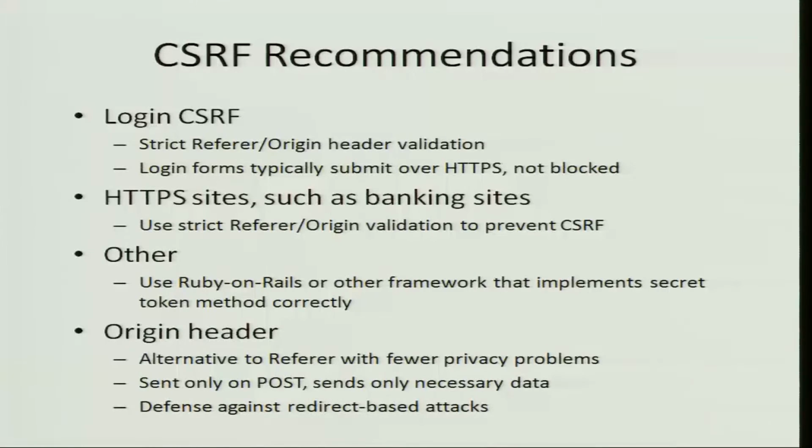Login forms should typically be submitted over HTTPS, and HTTPS sites such as banking sites should use strict referrer and origin validation to prevent CSRF. Now there are web application frameworks like Ruby on Rails that implement the secret token method correctly. If you don't do the secret token method correctly, for example, if your random number generator is biased, then you might actually be compromised.